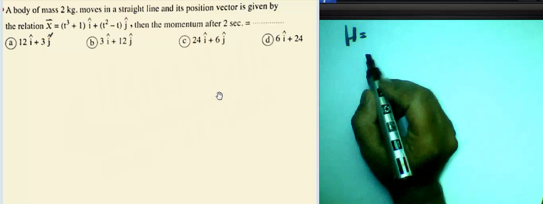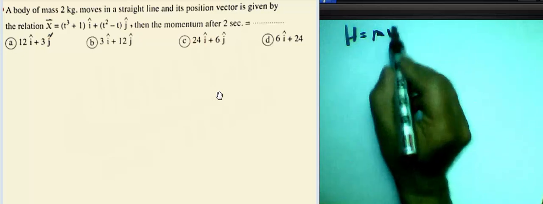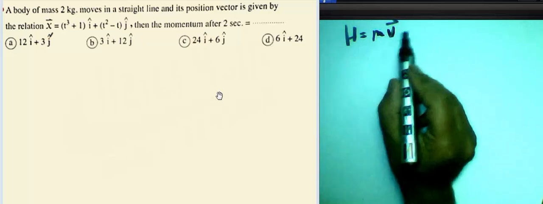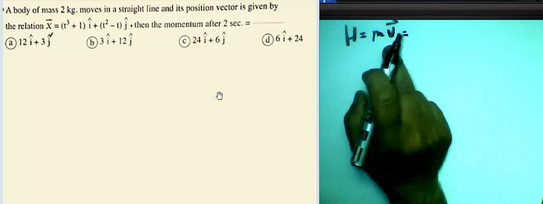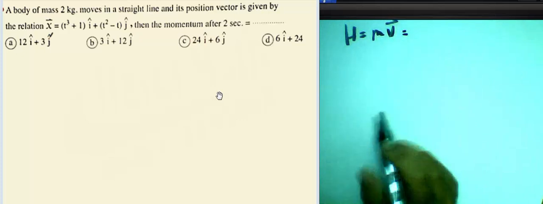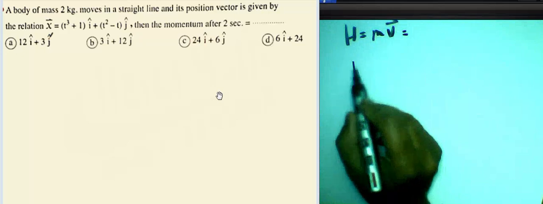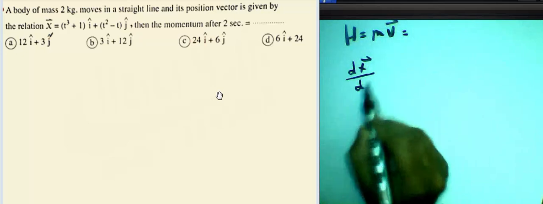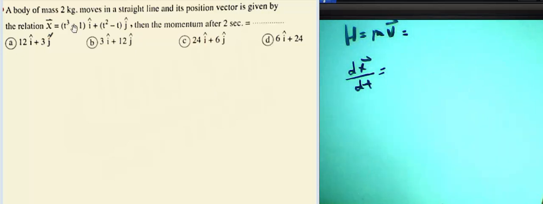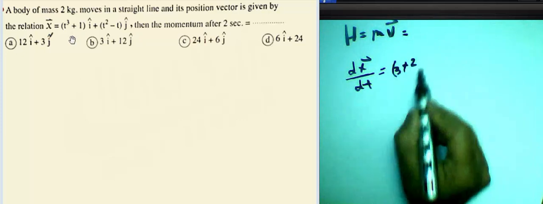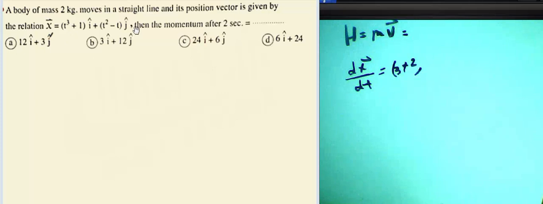We know momentum equals m multiplied by v, so we must find the velocity. We can find the velocity by differentiating the displacement. He gave us x equal to t cubed plus 1. The derivative will be 3t squared, and the derivative of t squared minus t equals 2t minus 1.